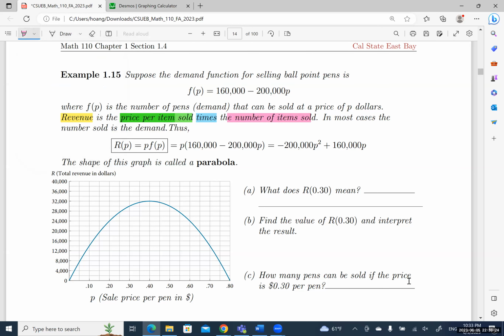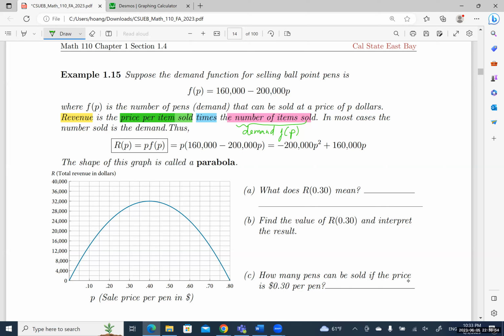So price per item sold and the number of items sold. Keep in mind that the number of items sold is the demand, which is F of P, right?